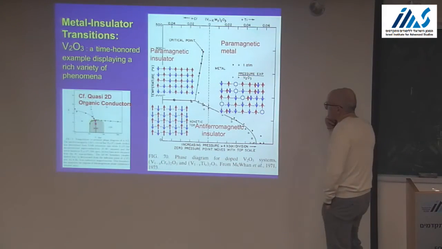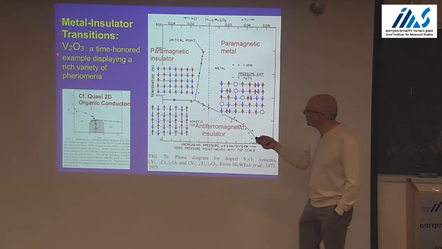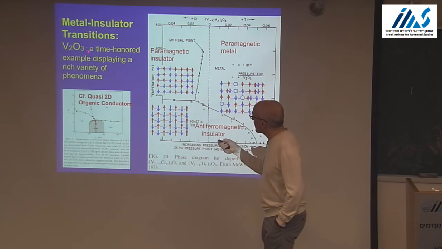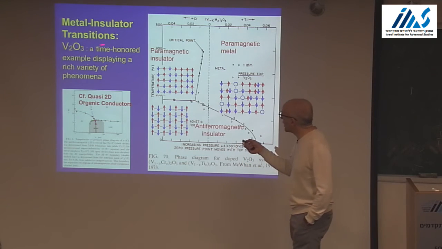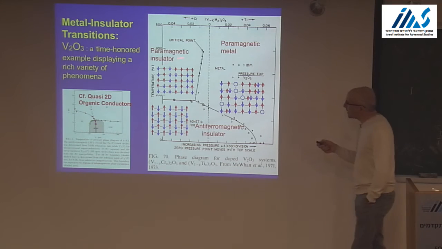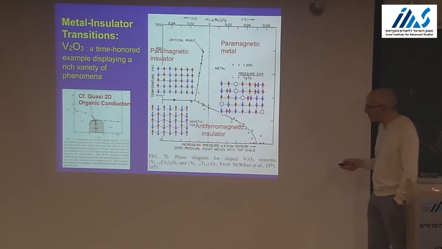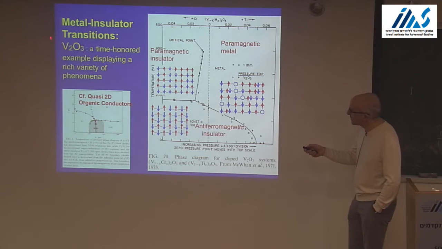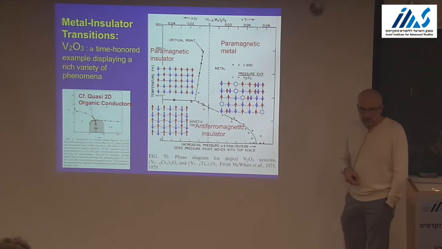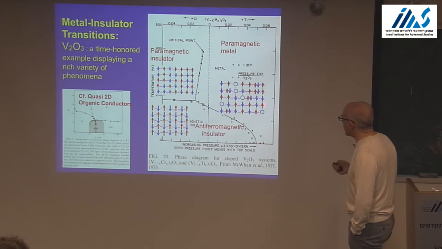Let me give you some examples. This is one example, a time-honored one, which was studied a lot in Bell Labs in the 70s, in France as well. That's vanadium sesquioxide. And this compound, as a function of temperature and, for example, pressure or substitution of vanadium by something else, sometimes called chemical pressure, has the following phase diagram.